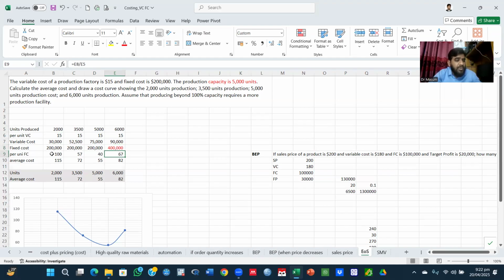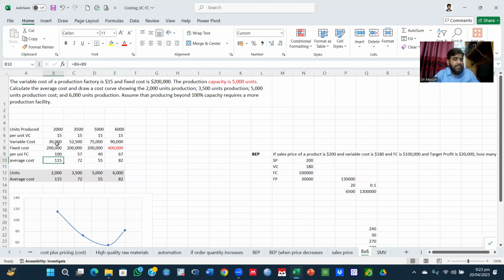So your per unit fixed cost has declined from 100 to 40 when you are producing more number of units. But when your capacity is going beyond, your per unit fixed cost again increases.